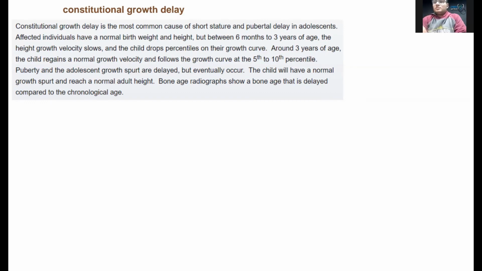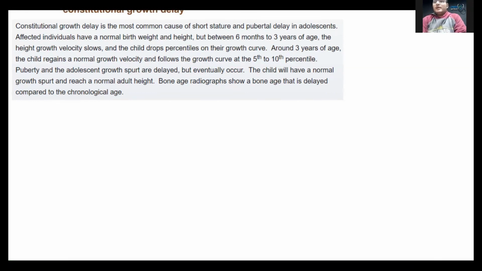Okay, so they will give you a history like this: a child of 1.5 years presented to the growth clinic with short stature and a pubertal delay. But they will describe normal birth weight and height, and no issue during birth. What will be the next step?